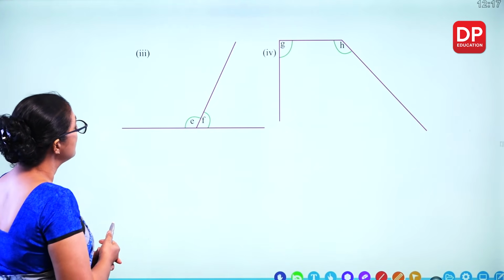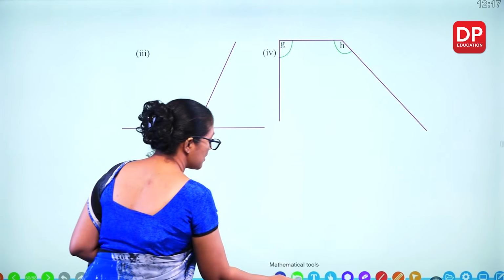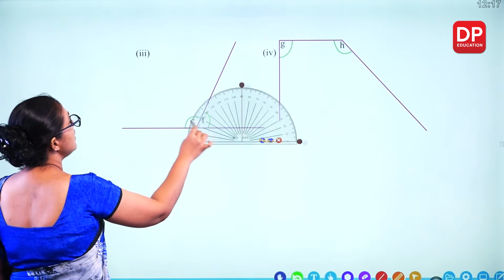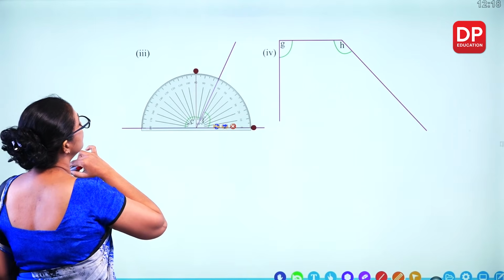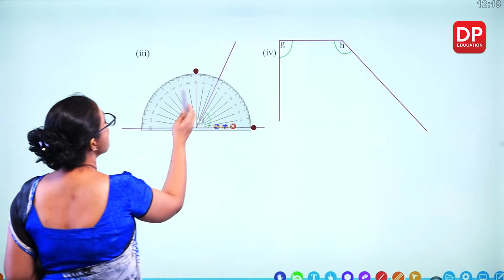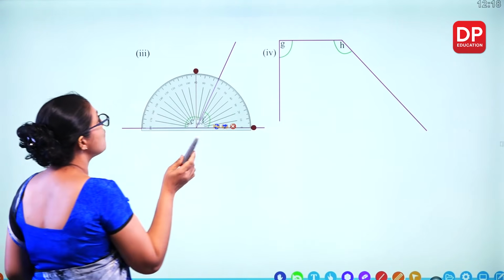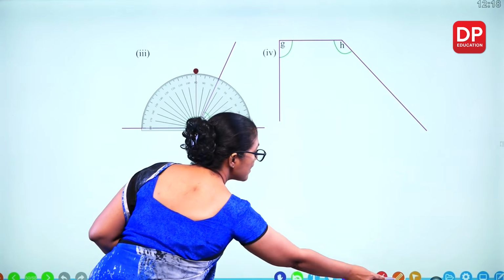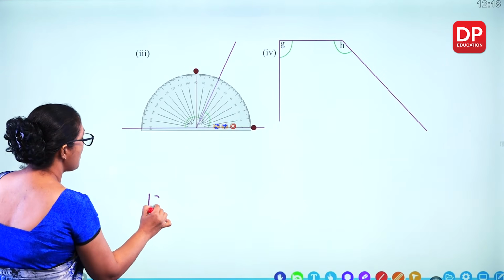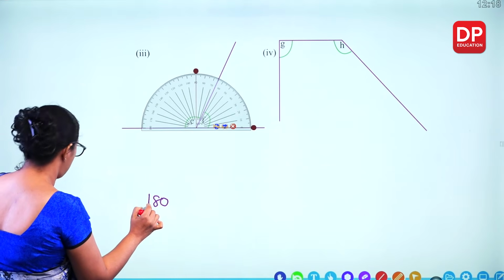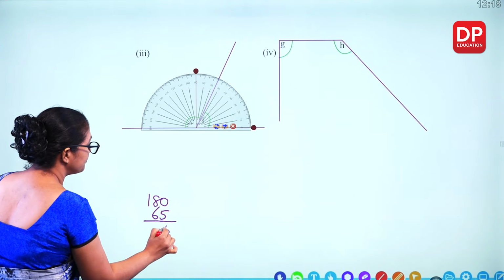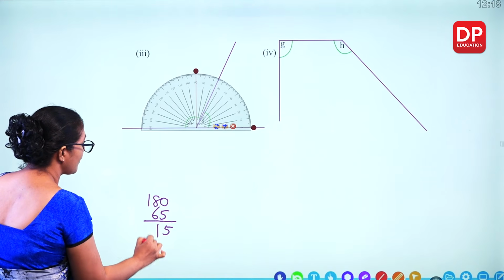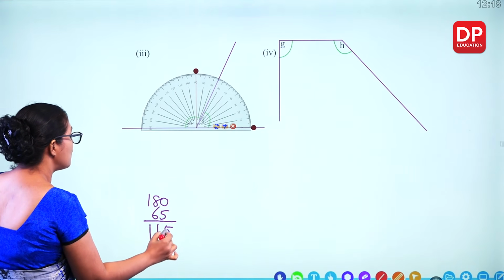This one, E. Take the protractor and measure the E angle. What's the value? This way, that's 65. So what's the angle? 180 minus 65 is 115.